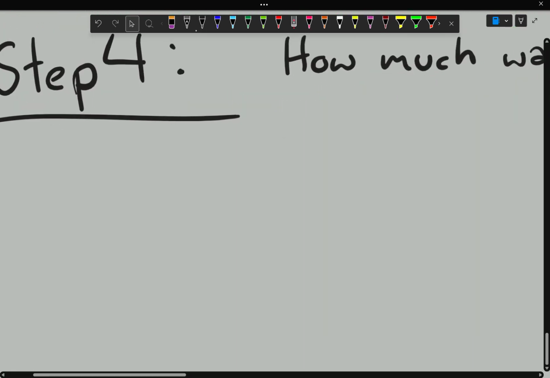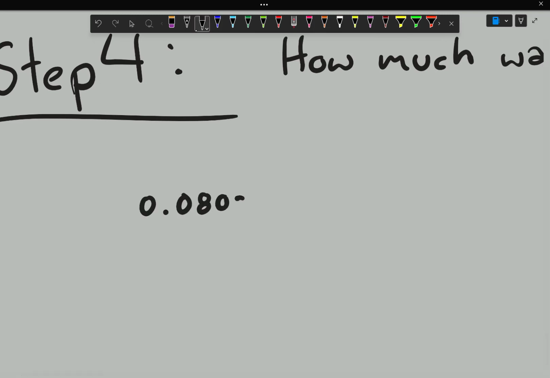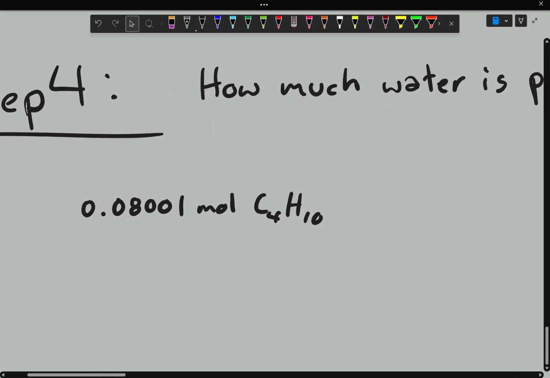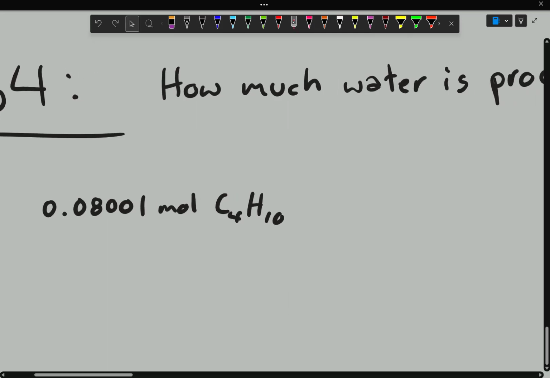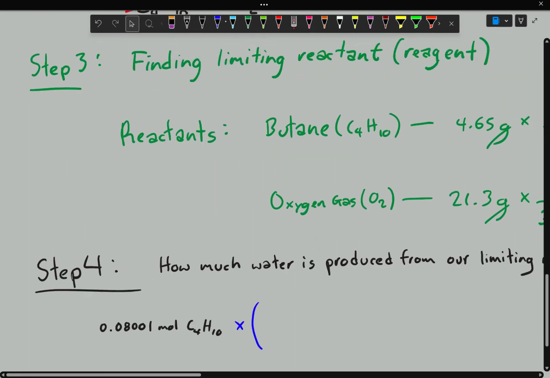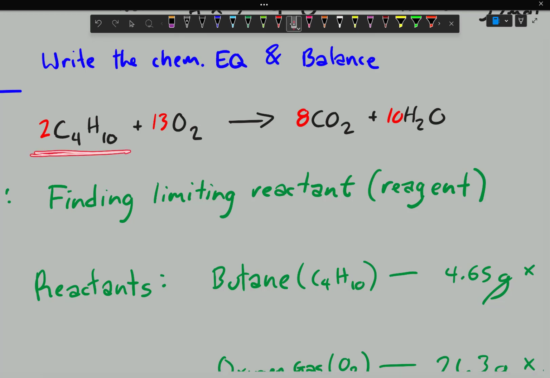And our limiting reactant is 0.08001 moles of butane. So how many moles of water is produced from 0.08001 moles of butane? Well, to find that out, we just need to multiply it by the molar ratio. Our molar ratio is, for every 2 moles of butane, we produce 10 moles of water.